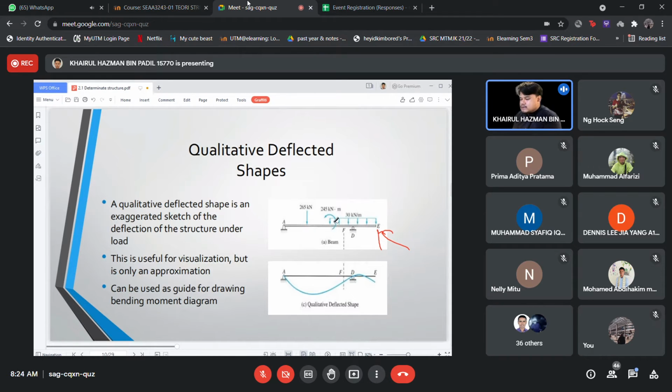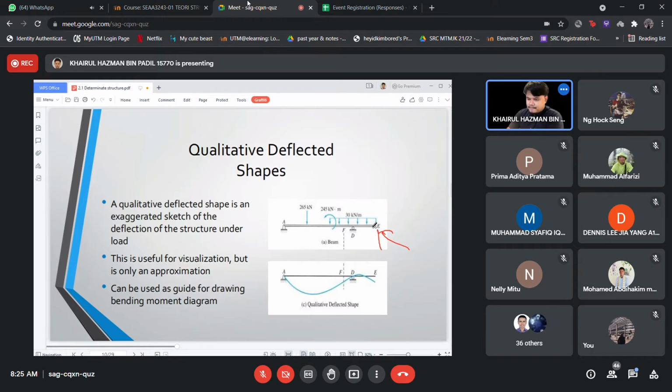And then there's a uniformly distributed load, so again it's going downward. So the structure is going down. This is just an approximation or assumption of how the structure will react to different external forces. So this is just imagination. If you don't have this kind of imagination, it will be quite hard for you to understand engineering. I believe that all of you have this imagination, which is quite enough to complete your undergraduate program.